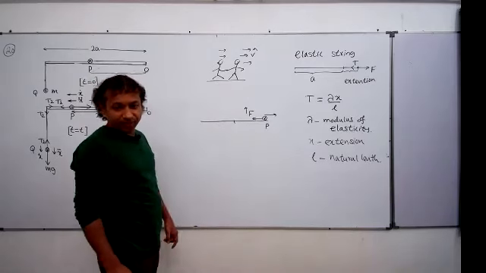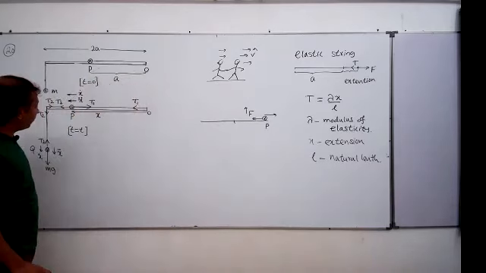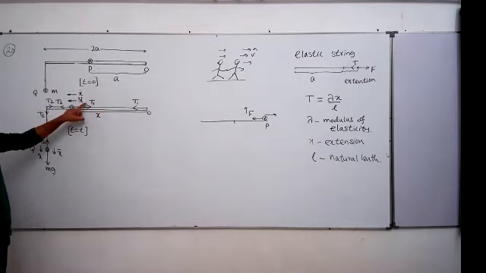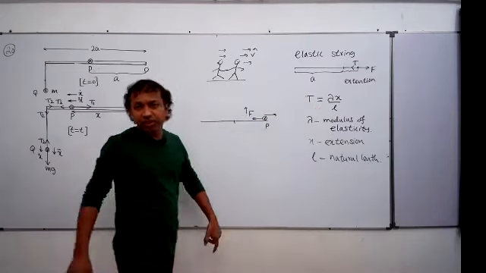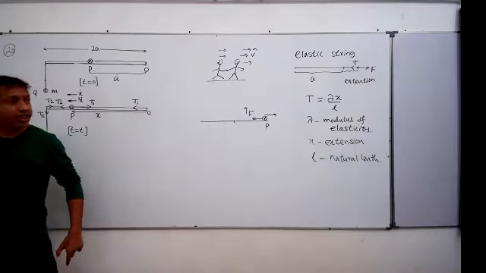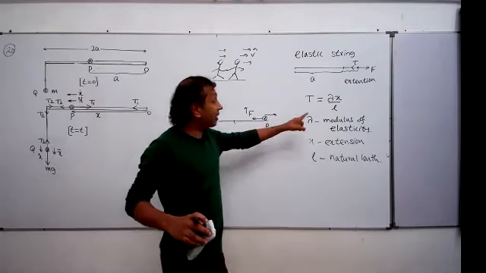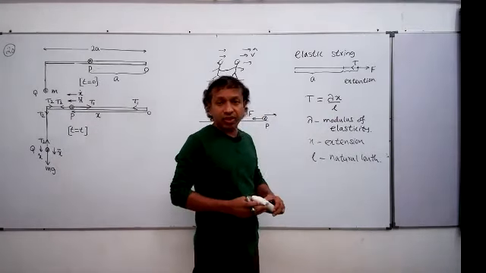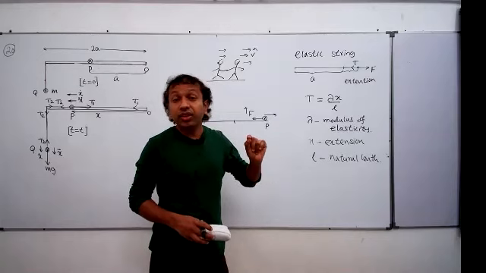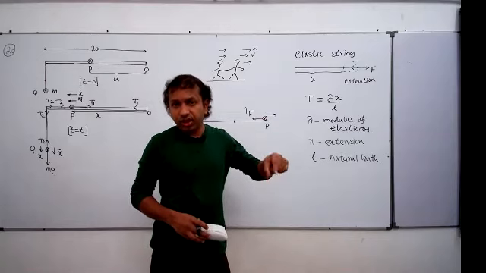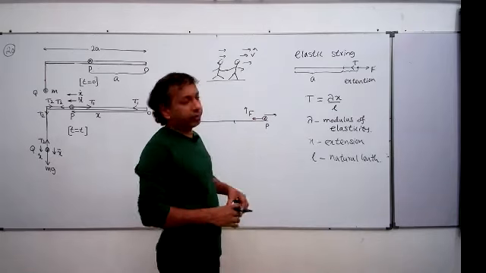Now what we do is, first we find the tension in the elastic string by using this formula. x is the extension. Extension means the extra length given to the elastic string beyond its natural length.